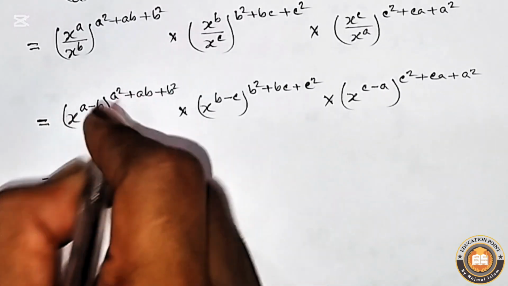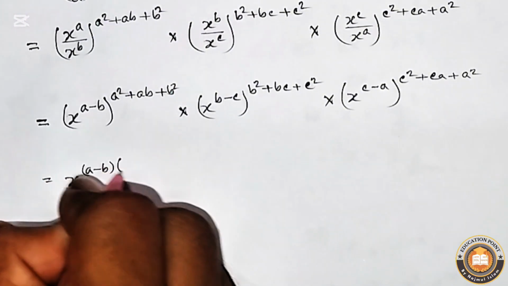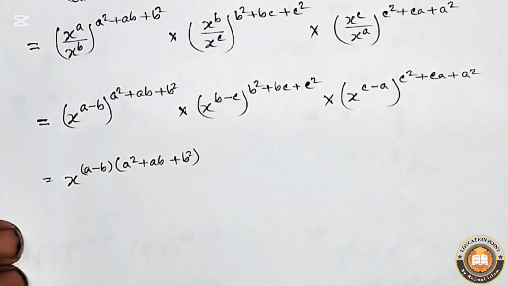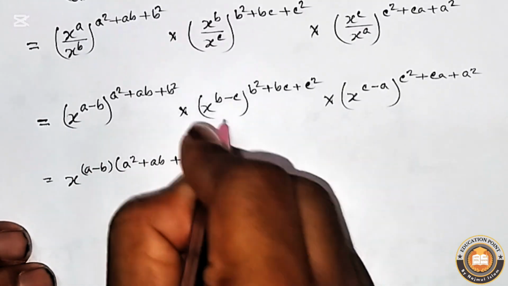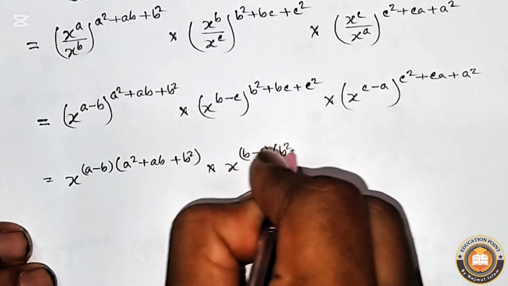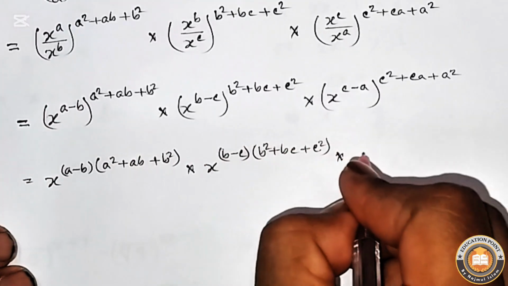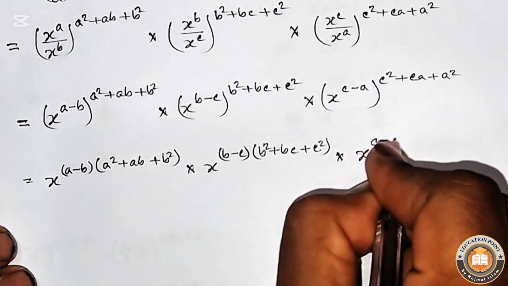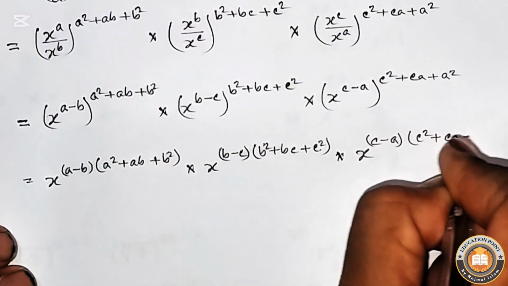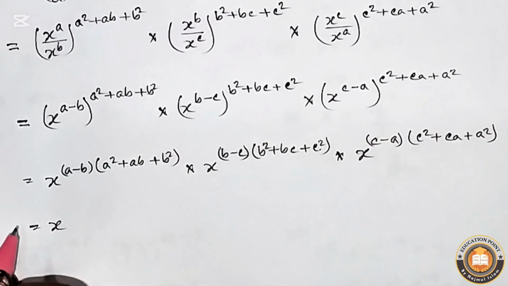Here power will be multiplied with power, that means a minus b into a square plus ab plus b square, into x to the power b minus c into b square plus bc plus c square, into x to the power c minus a into c square plus ca plus a square, equal x to the power.